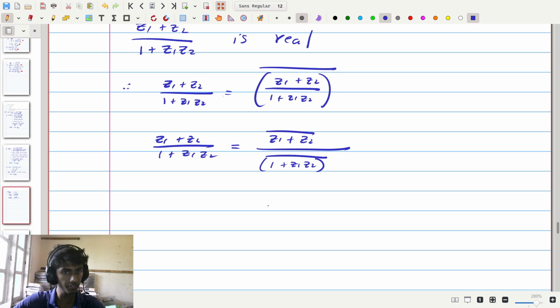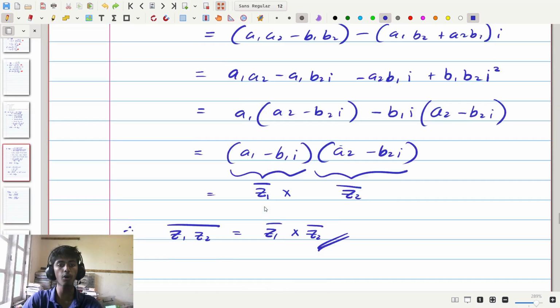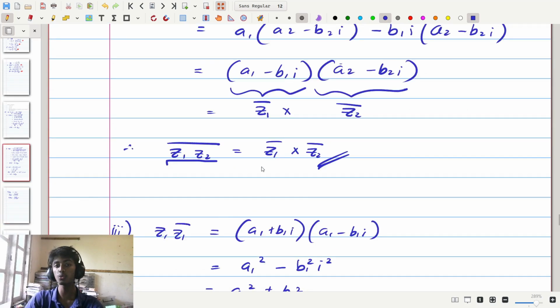Here we can see once again we have the sum of two terms conjugated, and if we distribute this conjugate inside, 1 conjugate is just 1, and then we have z1 times z2 conjugate, which is again the product of two numbers conjugated, which we've solved over here. z1 times z2 conjugate is z1 conjugate times z2 conjugate.